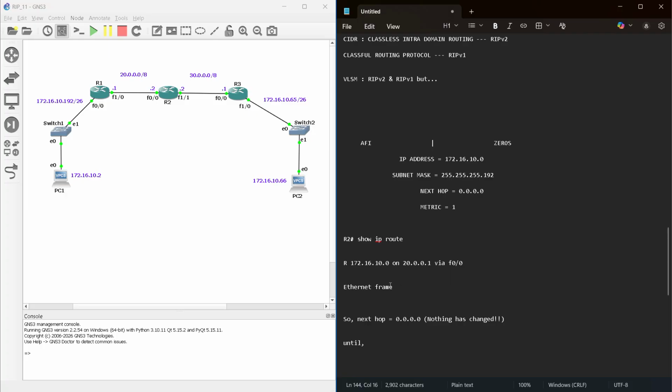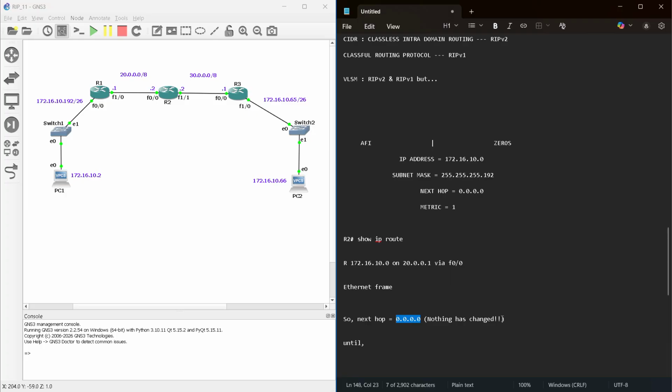When R1 is sending our RIP packet to R2, it is sending it through an Ethernet frame, and inside that Ethernet frame we have the source IP and destination IP. From there it is learning this network, right? So in the next hop, this particular address 0.0.0.0 means nothing has changed.